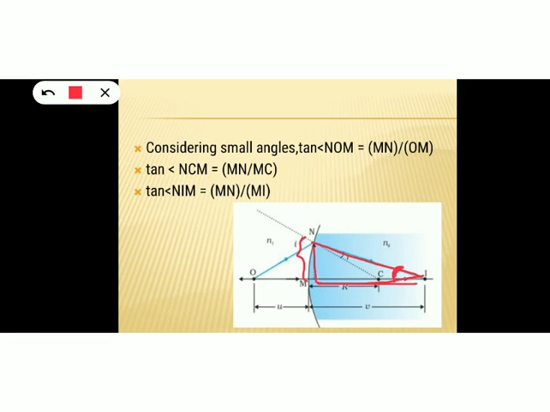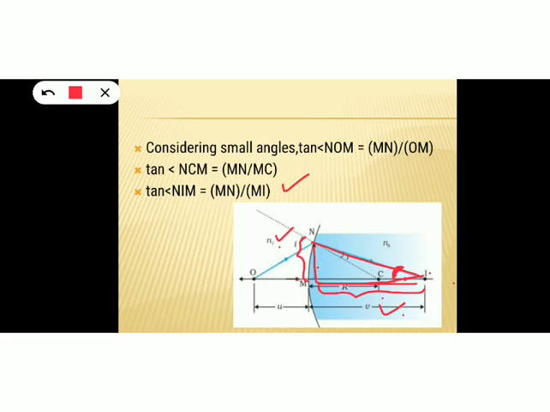Again opposite side is NM. Which is the adjacent side? Adjacent side is IM. So tan of angle NIM will be opposite side by adjacent side, that is NM by MI. So that is written here.